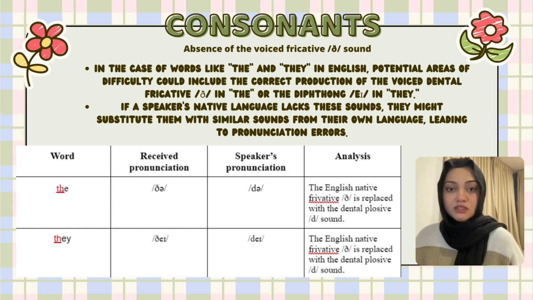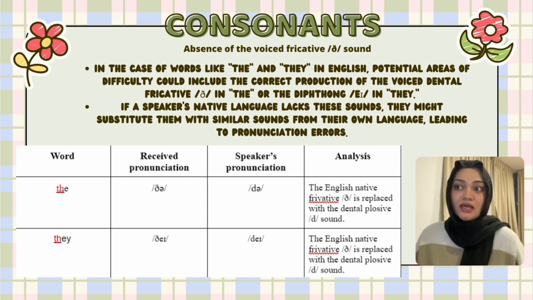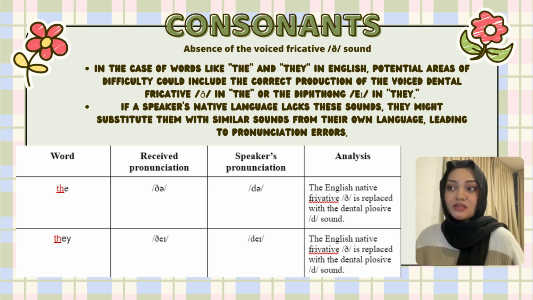So in the case of words like the and also they in English, potential areas of difficulty could include the correct production of the voiced dental fricative in the or the diphthong in they. If a speaker's native language lacks these sounds, they might substitute them with similar sounds from their own language, leading to pronunciation errors. So, based on the table beside me over here, the word the and also they.